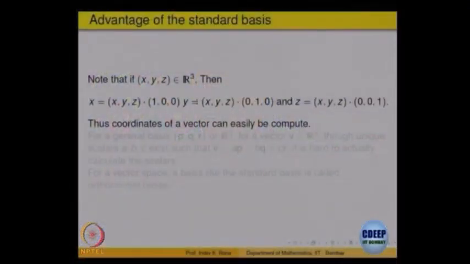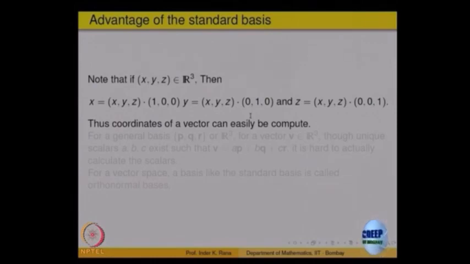If instead of 1 0 0, 0 1 0, I had some other basis, then I had to write (x, y, z) equal to alpha times b1 plus beta times b2 plus gamma times b3, and then solve those 3 equations in 3 variables to get alpha, beta and gamma. Those will be the coordinates of that vector with respect to that basis, right. I have to do a lot of work, but here I simply have to take a dot product and I get it very easily.